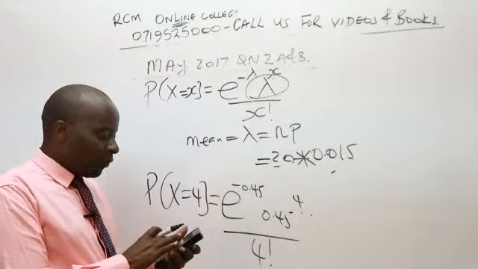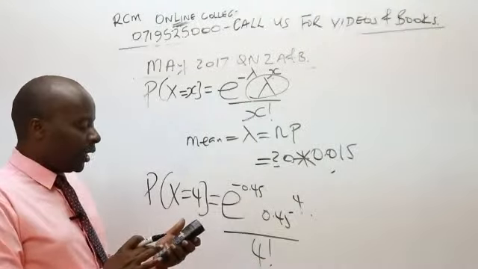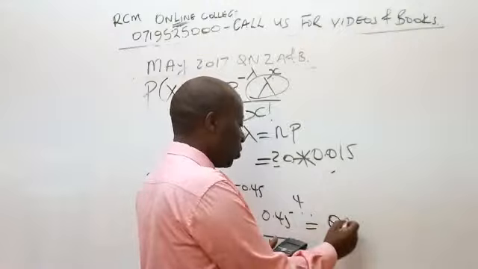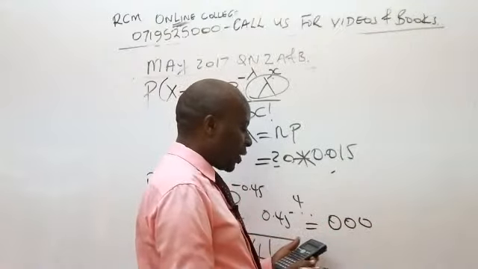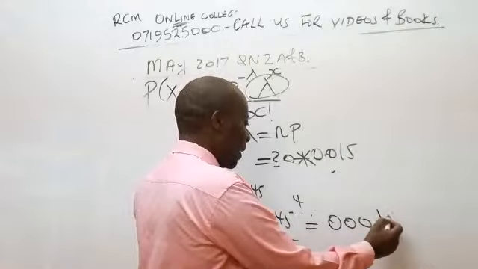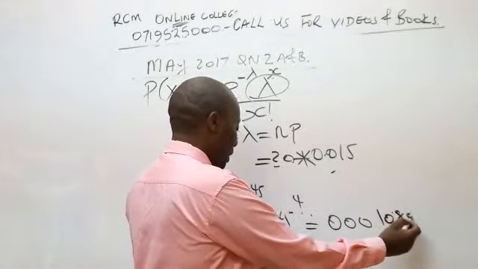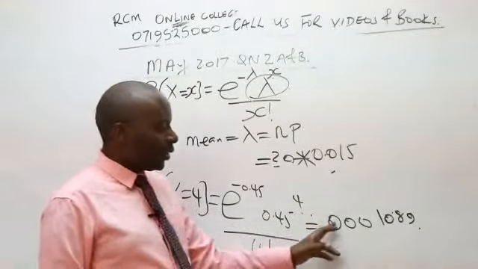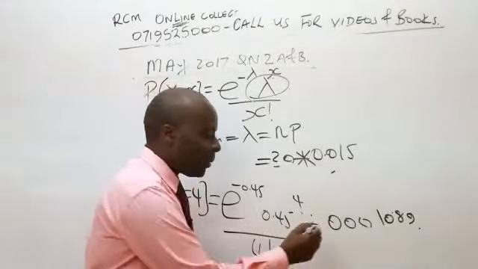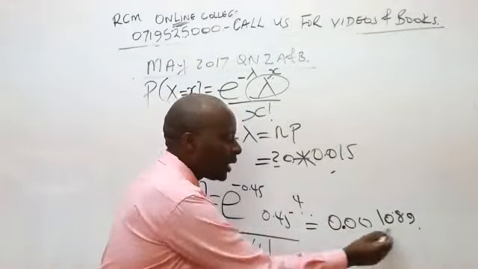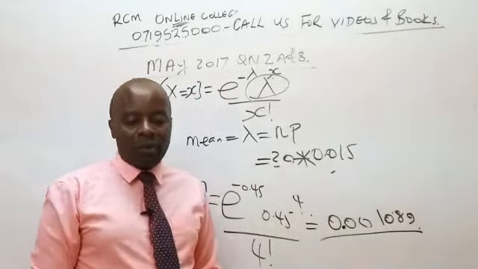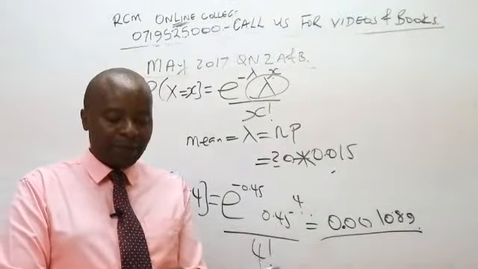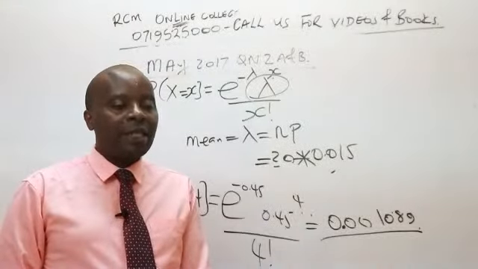At the end of the day this gives us quite a very small probability, which has 3 zeros on the left-hand side, and then we have 1089. I'll write the 3 zeros on the left-hand side, and then plug in the decimal. That is the probability, a very small probability. So that is the answer to number 1.